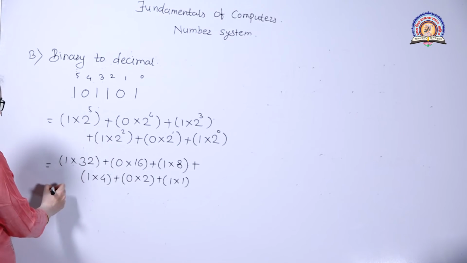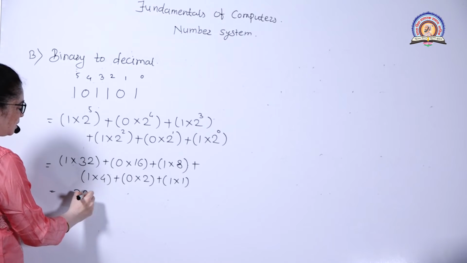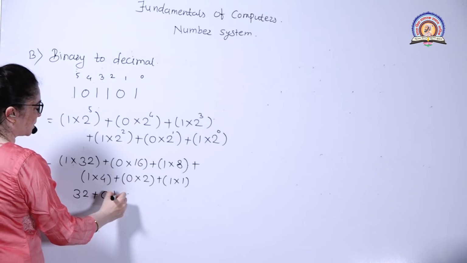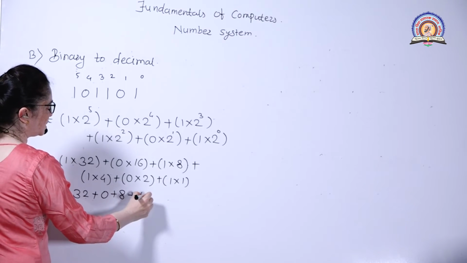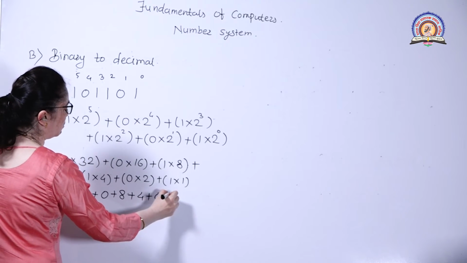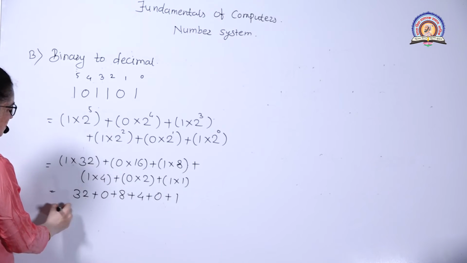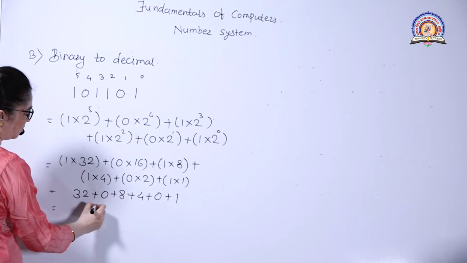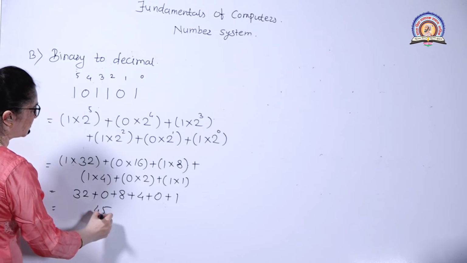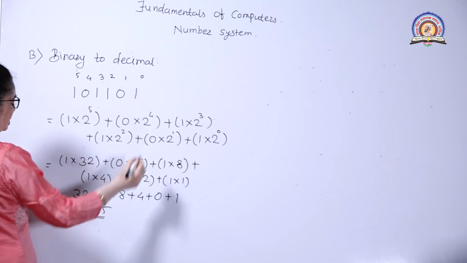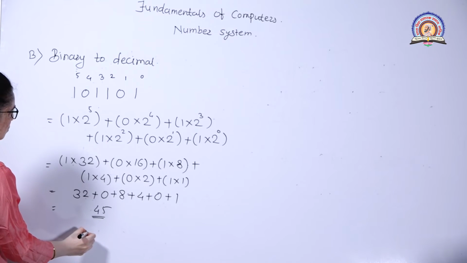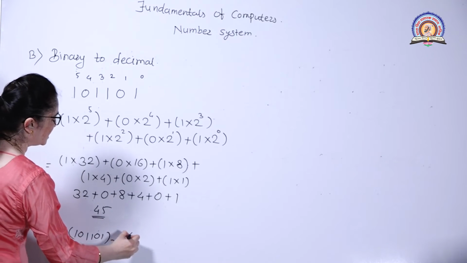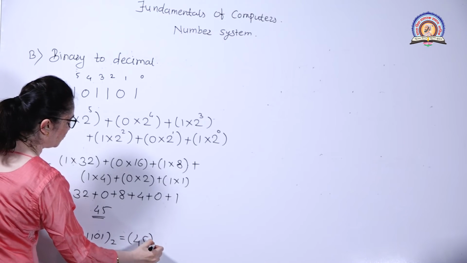Then do the multiplication and addition. 32 plus 16 into 0, 0 plus 8 plus 4 plus 0 plus 1. 32 plus 8, 40, 40 plus 4, 44 plus 1, 45. So when we enter the number 101101, that is the binary number, its decimal equivalent is 45.